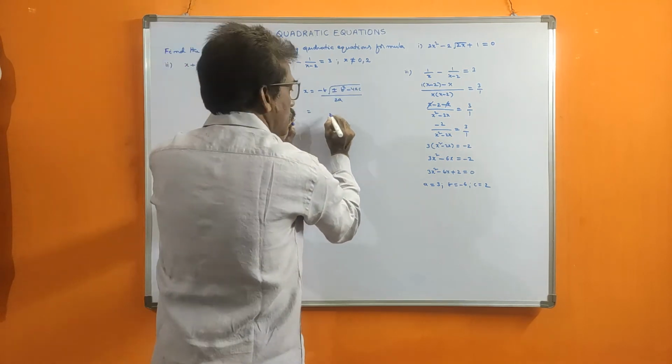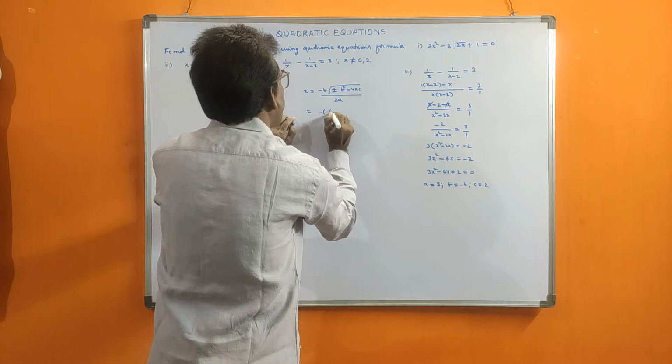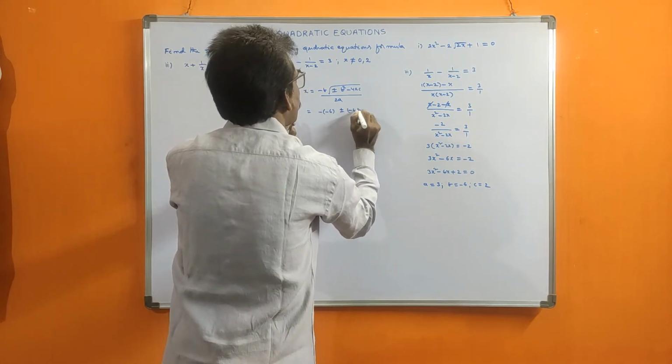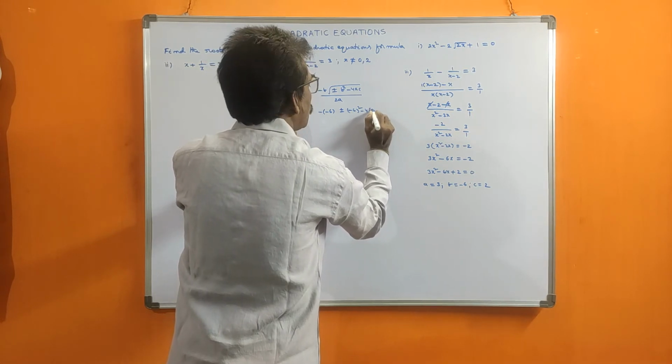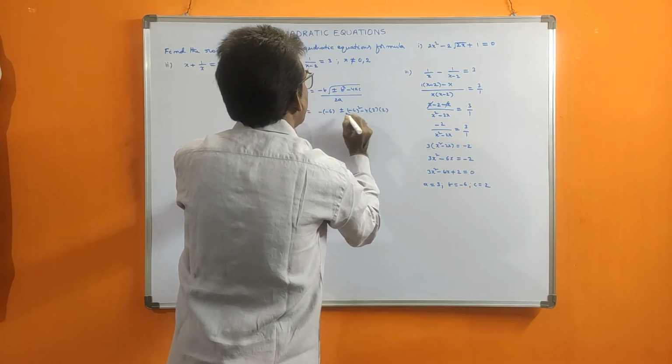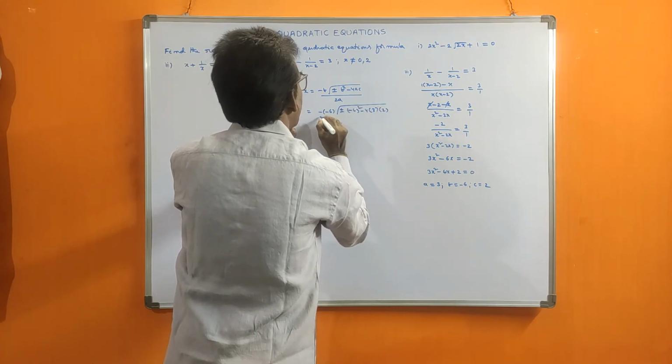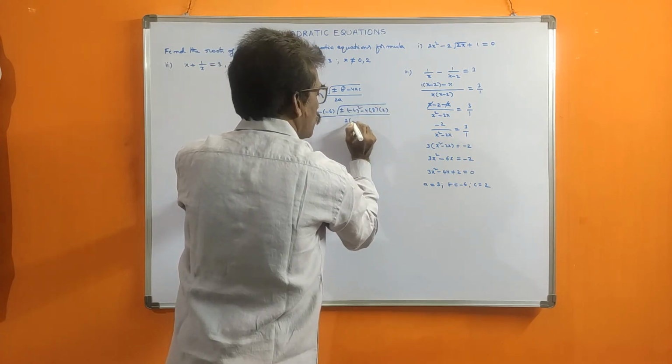In this you substitute: minus b, minus of minus 6, plus or minus root of b square, means minus 6 whole square, only minus 4 into a into c. This is all under root, by 2 into a, which is 3.